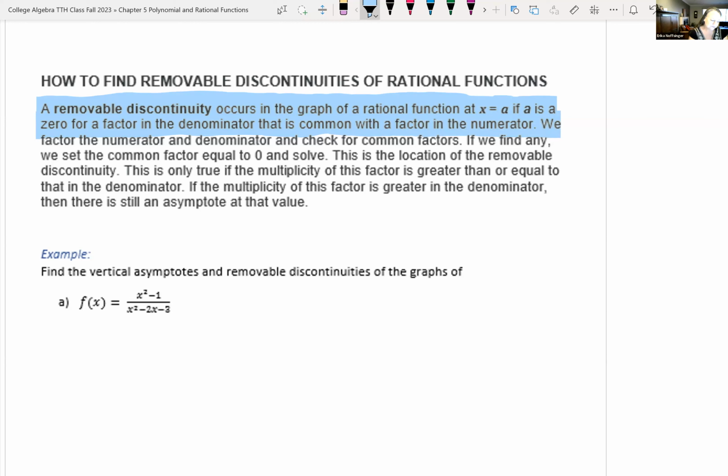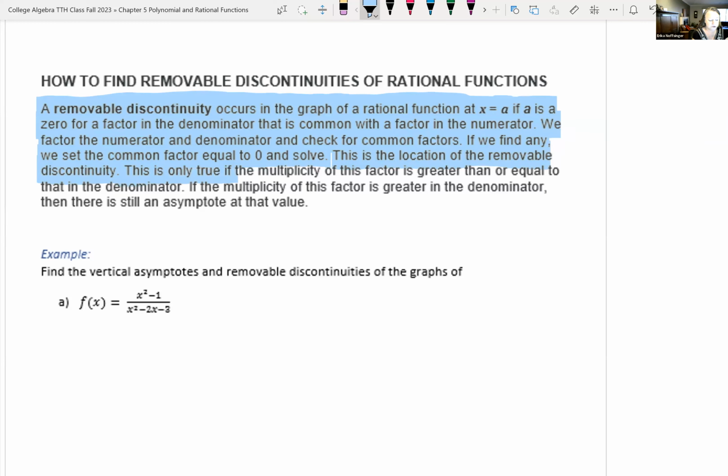We factor the numerator and denominator and check for common factors. If we find any, we set the common factor equal to 0 and solve. This is the location of a removable discontinuity.